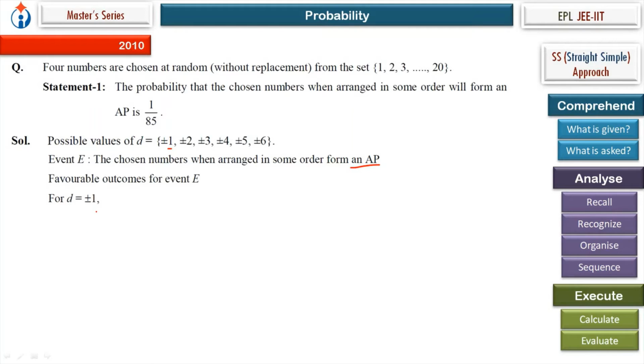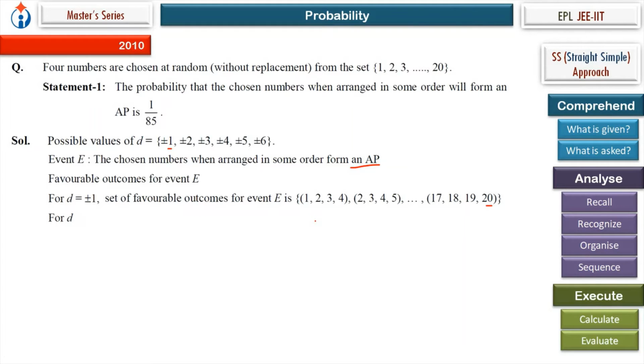So if we take D equal to plus minus 1, the set of favorable outcomes of the event is 1, 2, 3, 4, 2, 3, 4, 5, and the last we can go to is 20. So 17, 18, 19, 20. And if we take D equal to minus 1, again we get the same set.